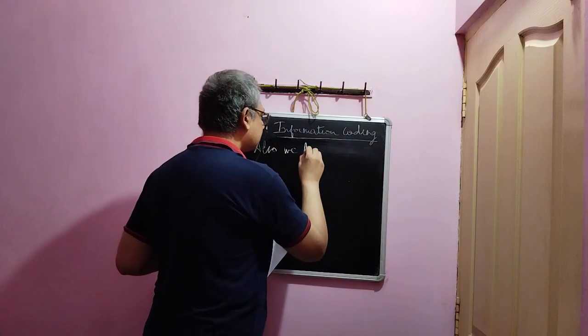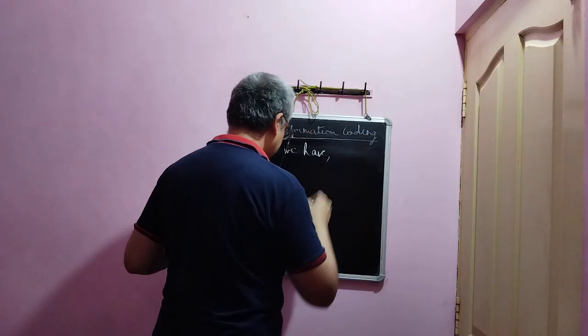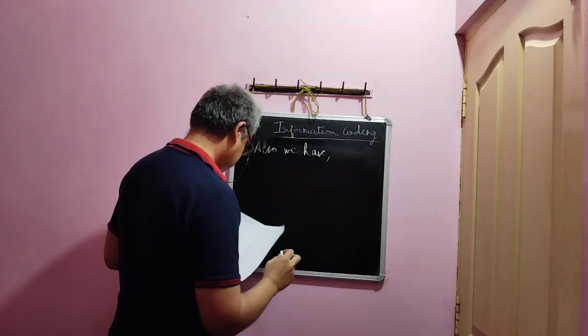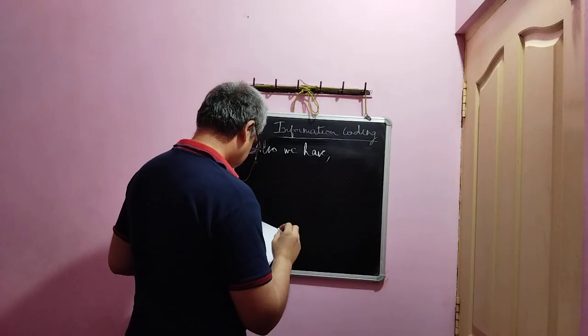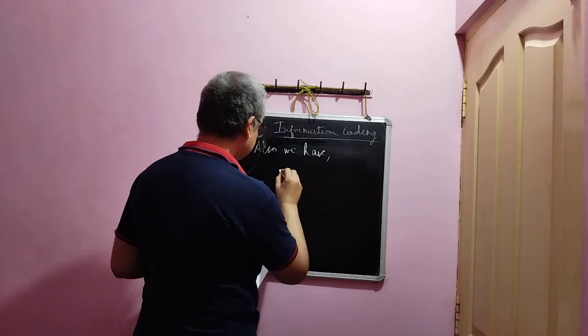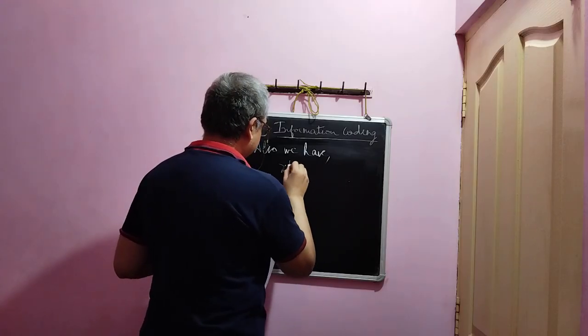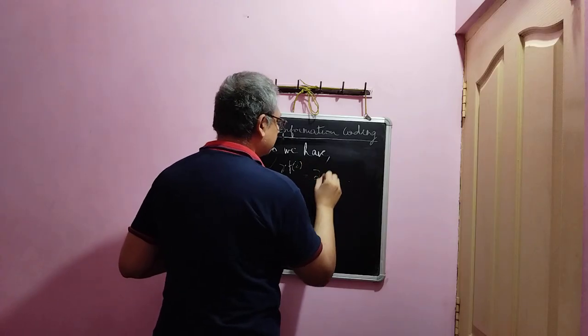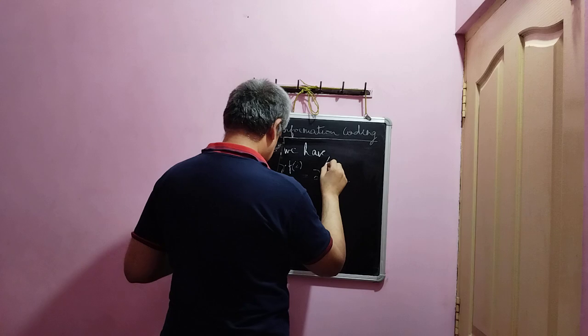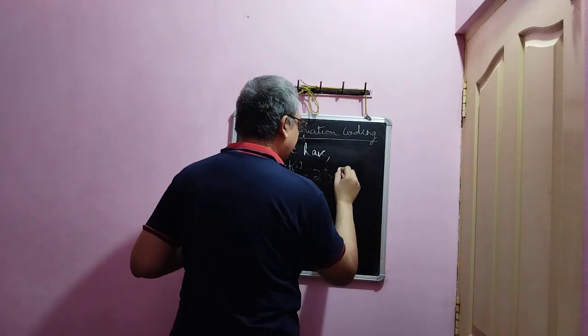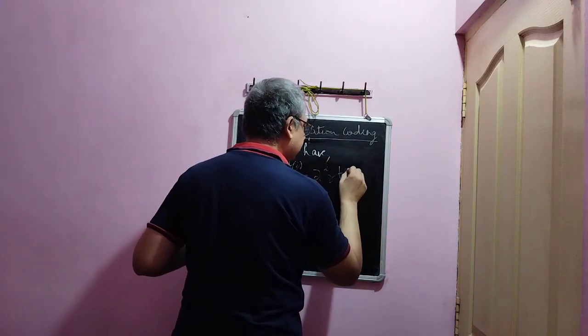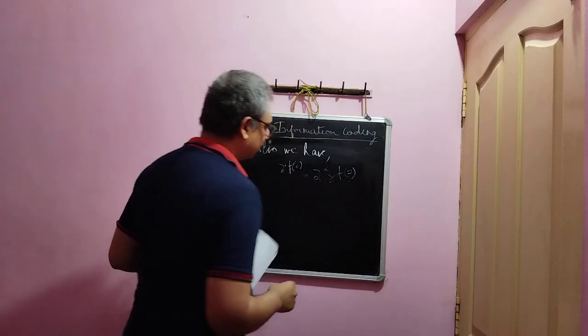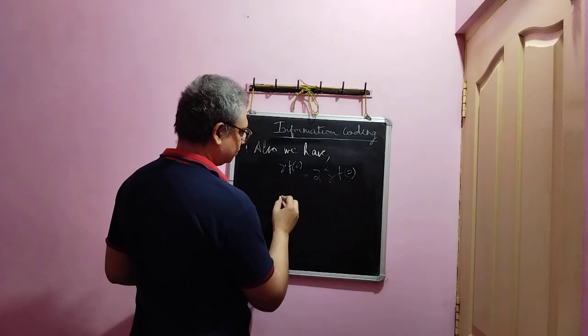Also we have r power f of I equal to 2 power I times r power f of 0, right?